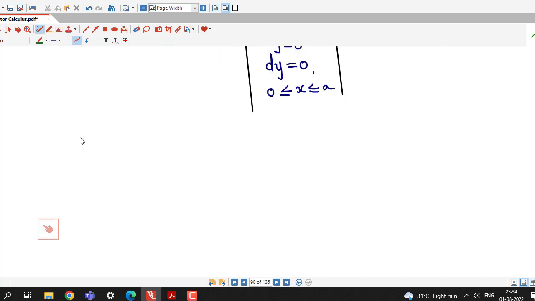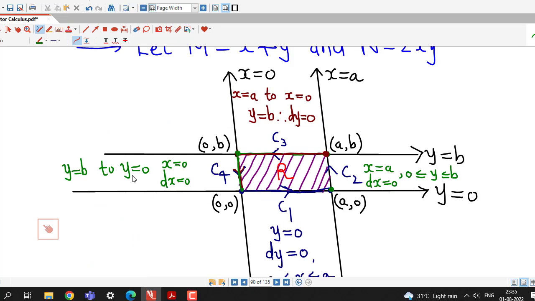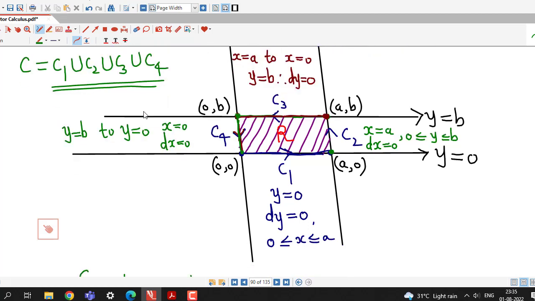Now our integral, line integral, is m dx plus n dy over curve C, and because curve C is the union of 4 line segments C1, C2, C3 and C4, the line integral along C will be equal to the sum of the line integrals along each of these 4 curves.